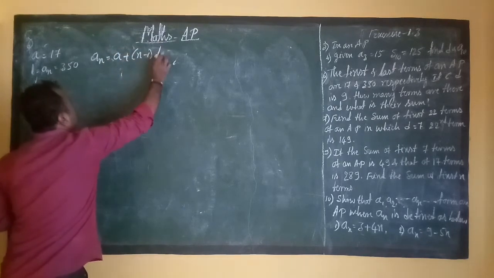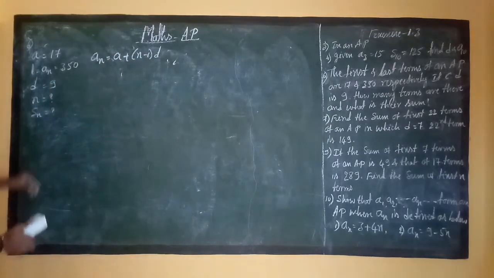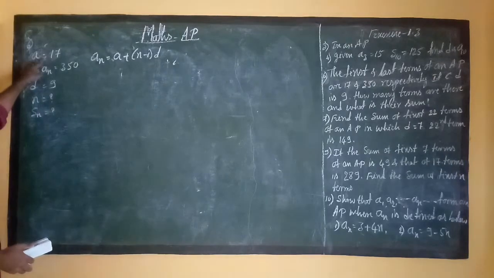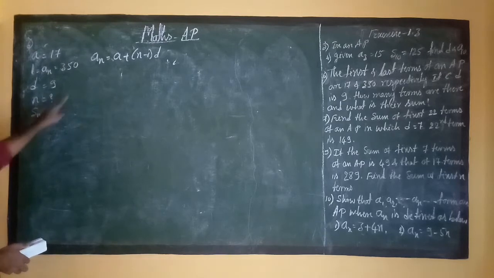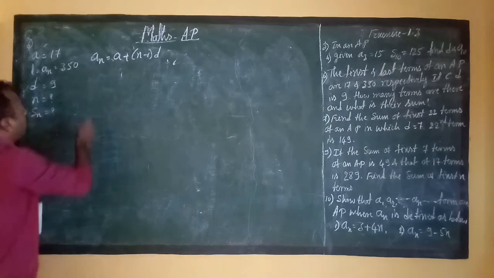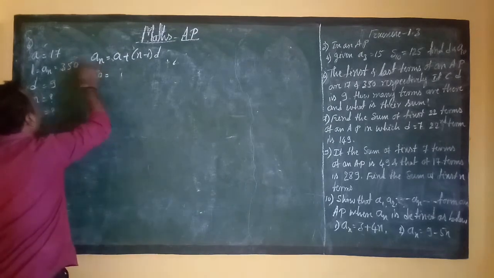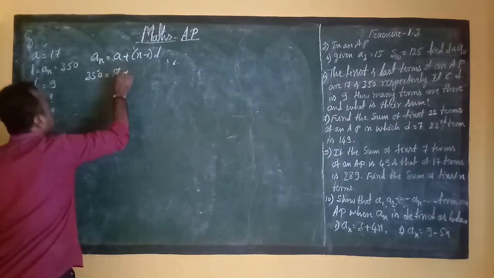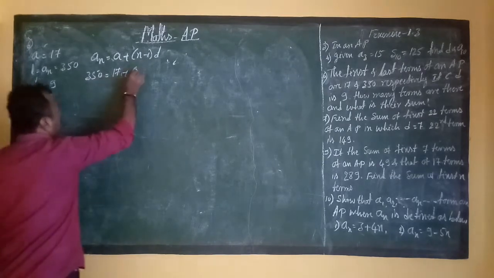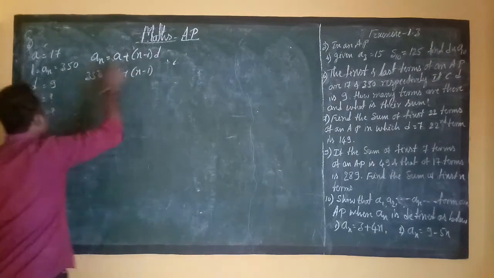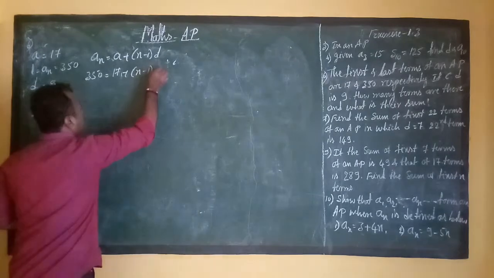Here, first term is given, common difference is given, an is given, so n we can easily find out. an is equal to 350, it is equal to a, which is 17, plus n, which we have to calculate, minus 1 into d, where the common difference is 9.